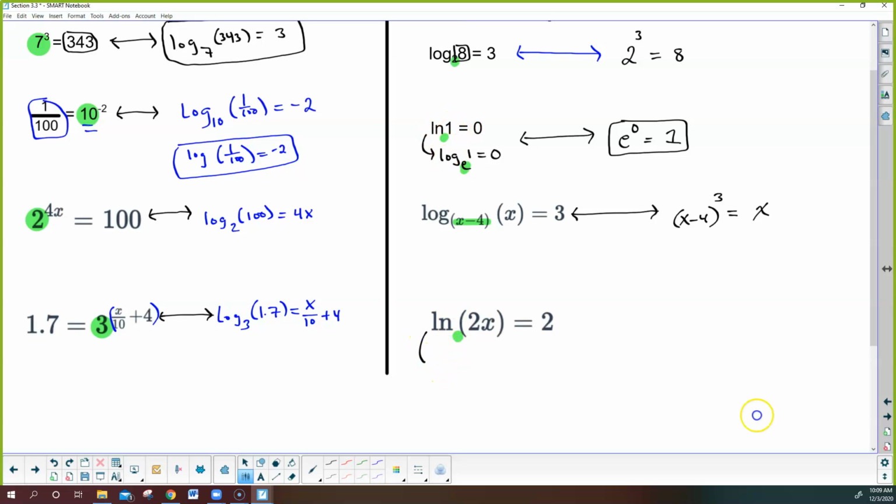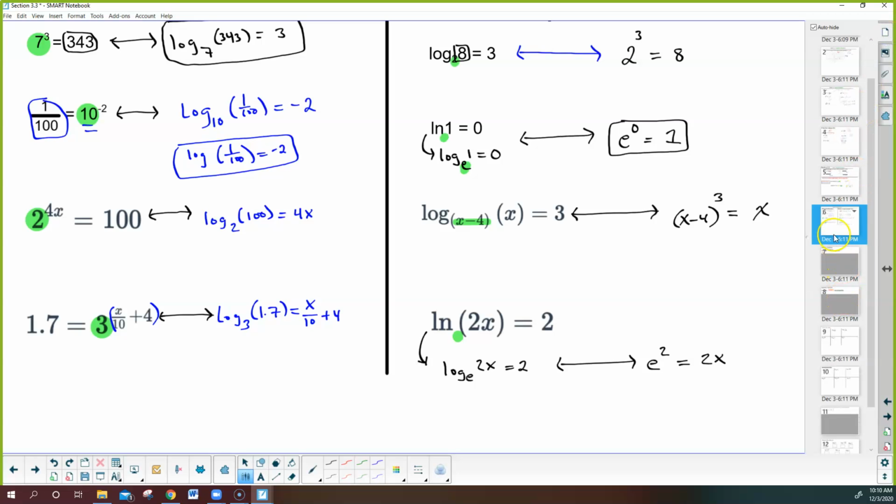We just have to rewrite this in log form with its own base e. And then we can rewrite it with the base e to the second power is equal to 2x. And part of your homework tonight is just changing from one form to another, just like what we're doing here.